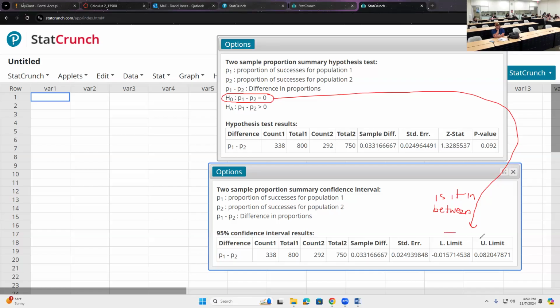I've got a negative number on the left and a positive number on the right. 0 is in the middle. We can't reject it, so do not reject H naught. That's what we should get when we're doing our p-value test. The value for H naught is inside it, so we're not rejecting it.